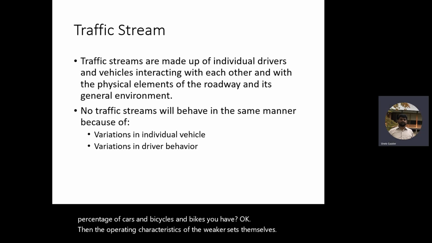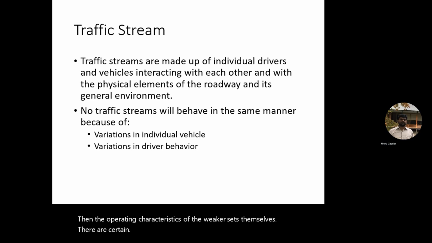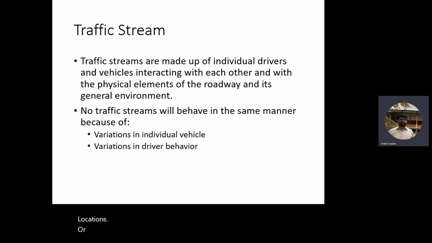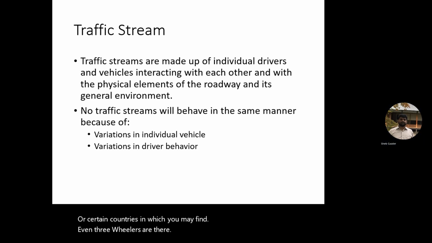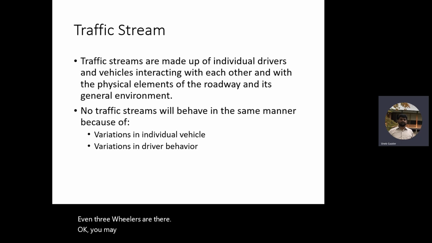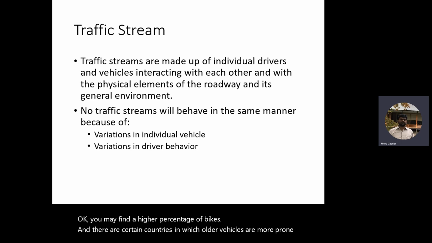There are certain locations or certain countries in which you may find even 3-wheelers. You may find a higher percentage of bikes, and there are certain countries in which older vehicles are more prevalent. They are more common as compared to certain other countries.